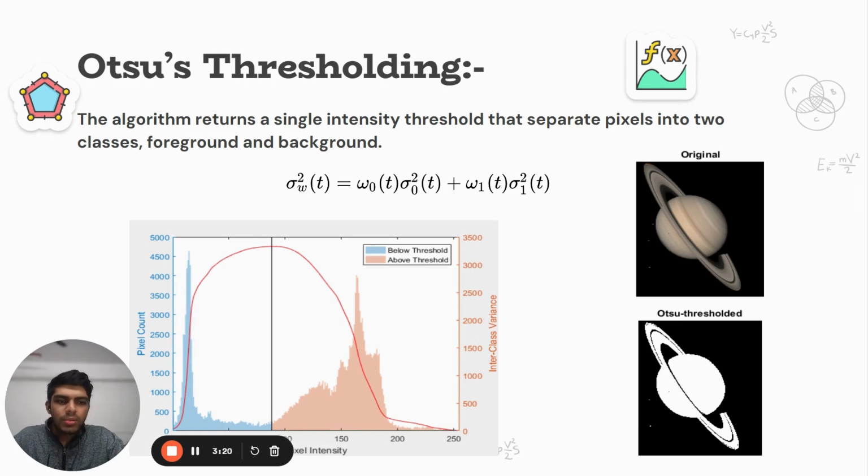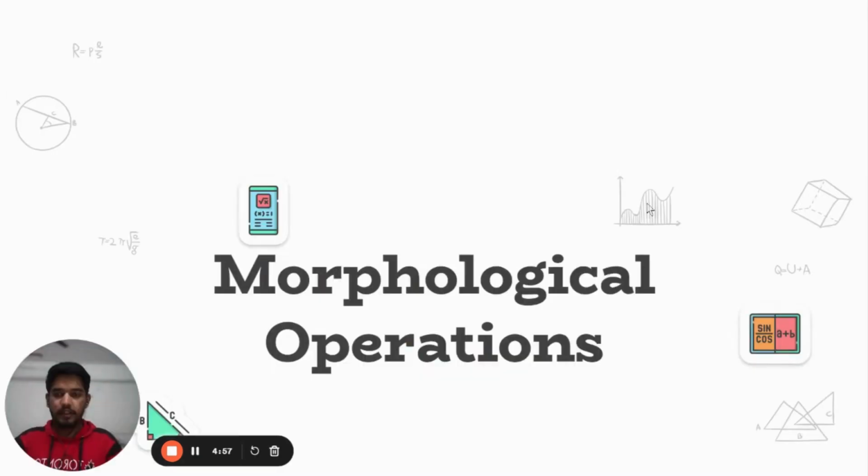Then the optimal threshold is the one that maximizes the sigma square, and the computed optimal threshold is used for image segmentation. The advantages of Otsu's thresholding are that it automatically adapts to image content, and it is effective in handling varying illumination.